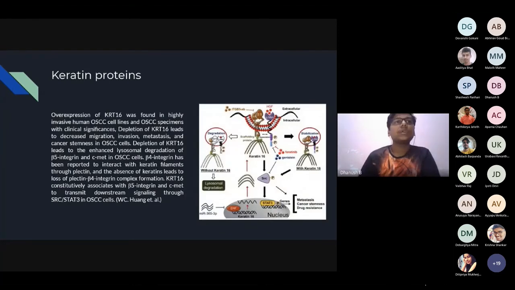Keratin proteins, another set of proteins which were overexpressed in oral squamous cell carcinoma cell lines, showed that their depletion leads to decreased migration, invasion, metastasis, and cancer stemness in OSCC cells, and also enhances the lysosomal degradation of the beta-5 integrin and c-Met, which are involved in cancer signaling pathways.